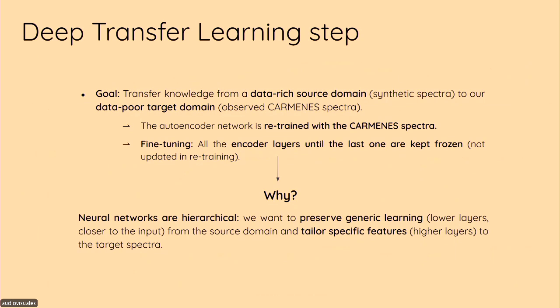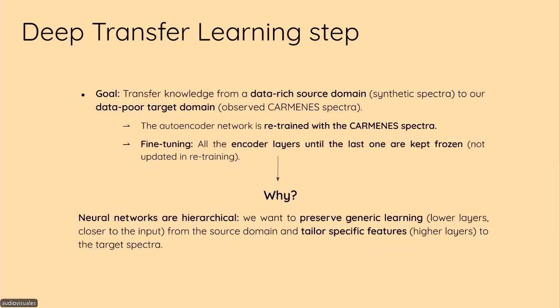Okay, so with these autoencoders, we obtain the low-dimensional representations of the synthetic data, and then we introduce the deep transfer learning step with the objective of transferring the knowledge from our data-rich source domain, the synthetic grid of spectra, to our data-poor target domain, which is our sample of CARMENES spectra.